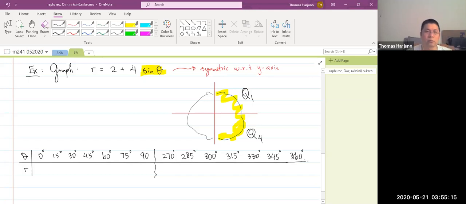I know sine 0 is 0, so at 0 degrees that will be 2. I believe that's the case for 360 degrees too. At 30 degrees, sine is 1/2, so this is 4. This will be 6 here.